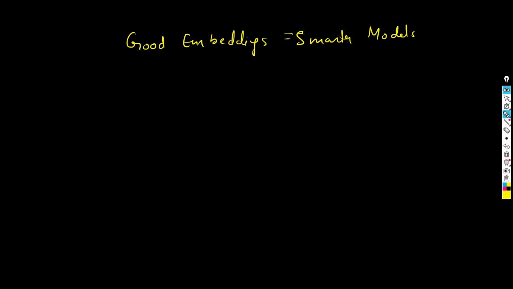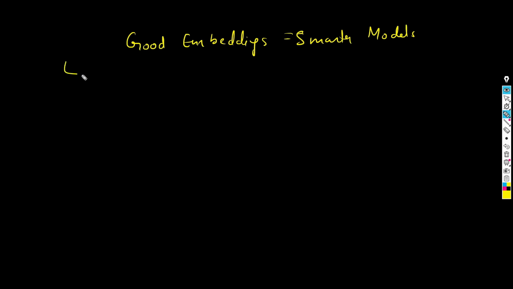For example, bank as a river bank or financial bank, related concepts like doctors, hospital, patients, or synonyms like happy is very near to joyful and cheerful. All of them are synonyms. So embeddings form the foundation for the understanding of any language model. The better models have better embeddings altogether.